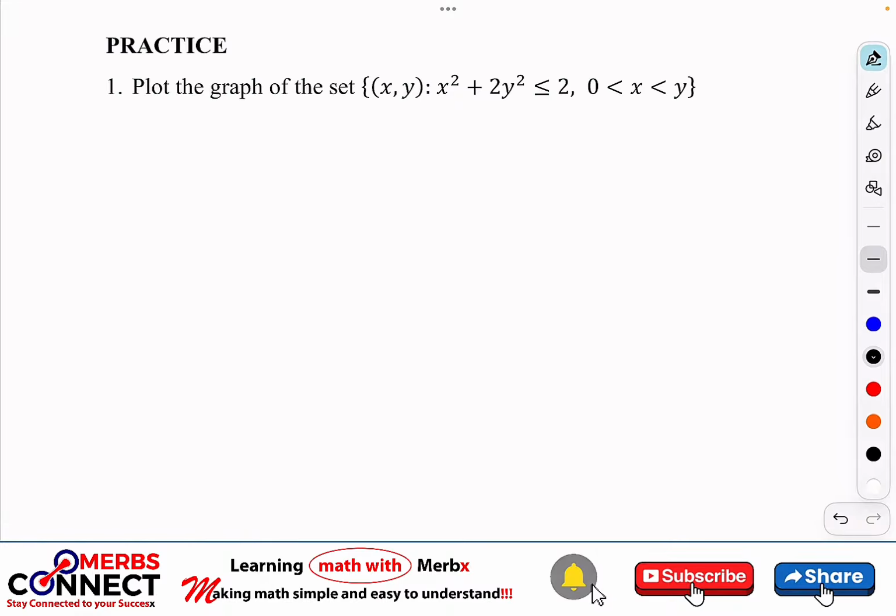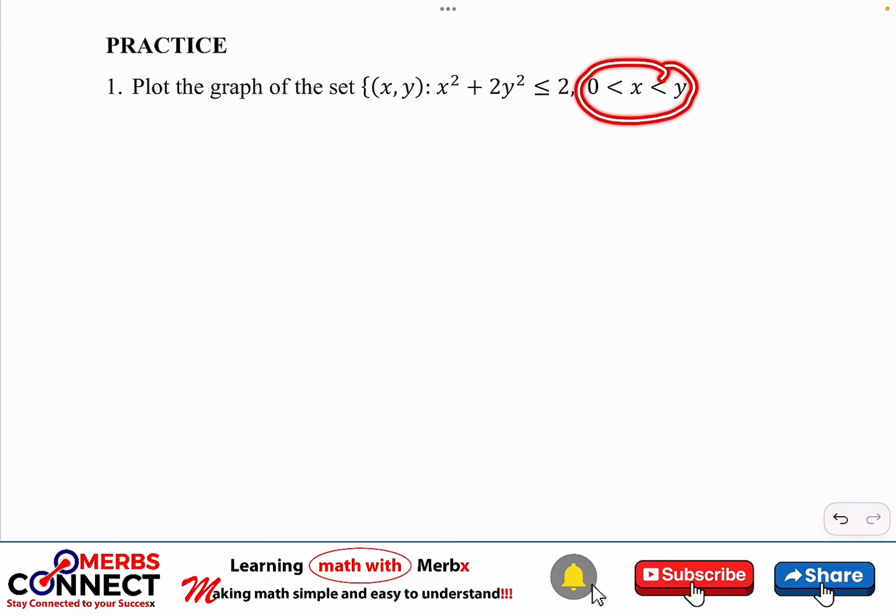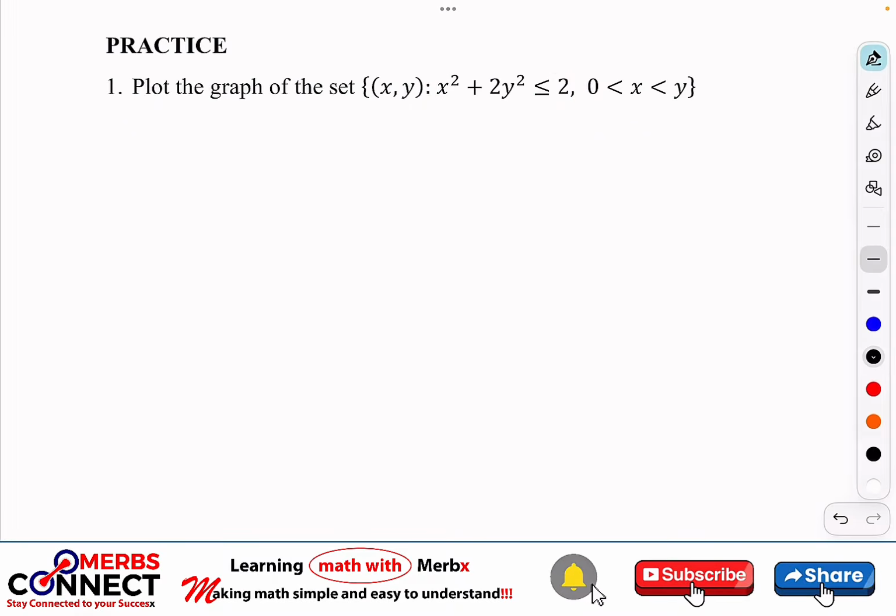So looking at the domain, we see that they've given us one domain here. x is less than y and also greater than 0. So we have one domain here, but we need to look at this. So here we need to make sure that it suits the ellipse. So let's see what we can do here.